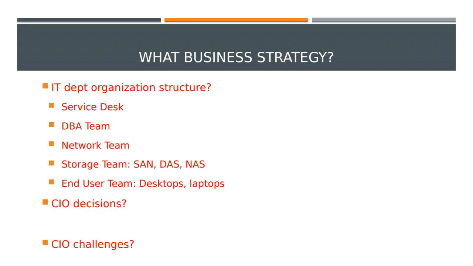Why do you need to have a strategy? Because it will help the CIO to make decisions. When they want to make a decision about a new investment or a new project, they need to know: is it in line with their strategy? Does it meet their strategy objectives?